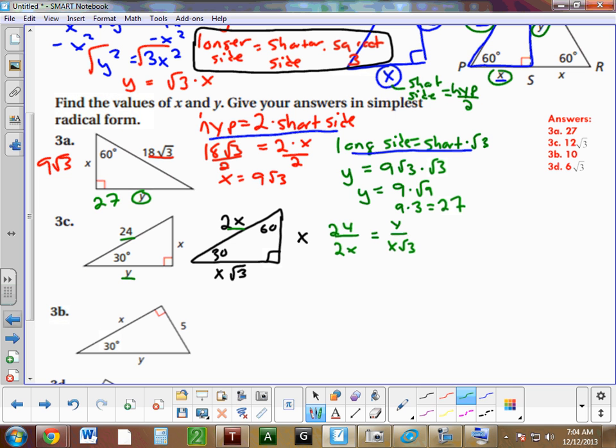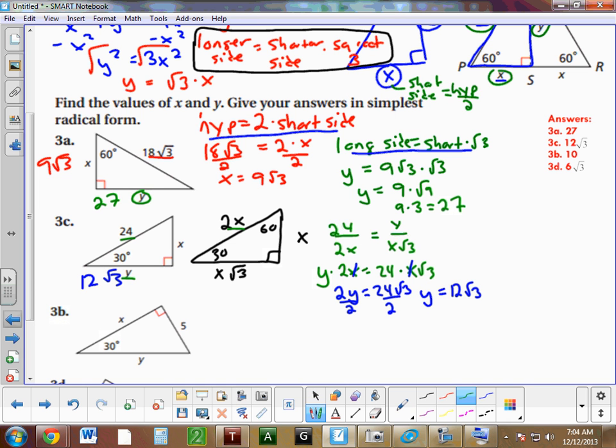Now you may be thinking the x's are there and you get two variables, but once you do it, y times 2x equals 24 times x root 3. The x's are going to cancel out. So you get 2y equals 24 root 3, and you just divide it by 2. You get y equals 12 root 3. So it's not as bad as it maybe looks to be at the beginning.